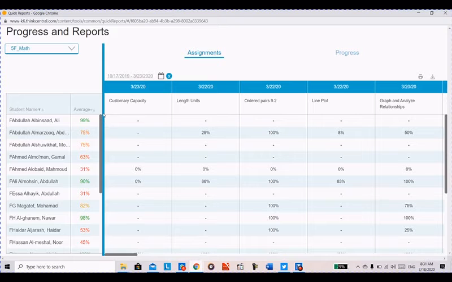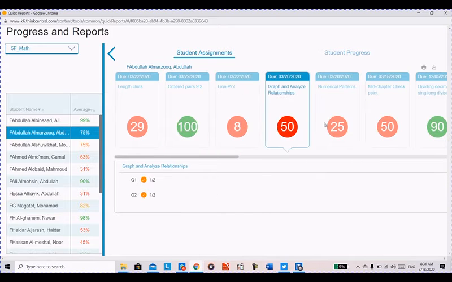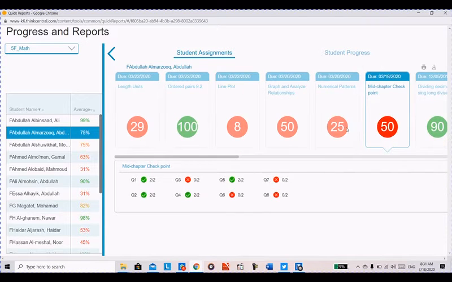Okay, 5F. We have here Abdullah al-Marzouk. Abdullah al-Marzouk, you did the homeworks, but your marks are low, so you have to concentrate when you do the homework, okay?